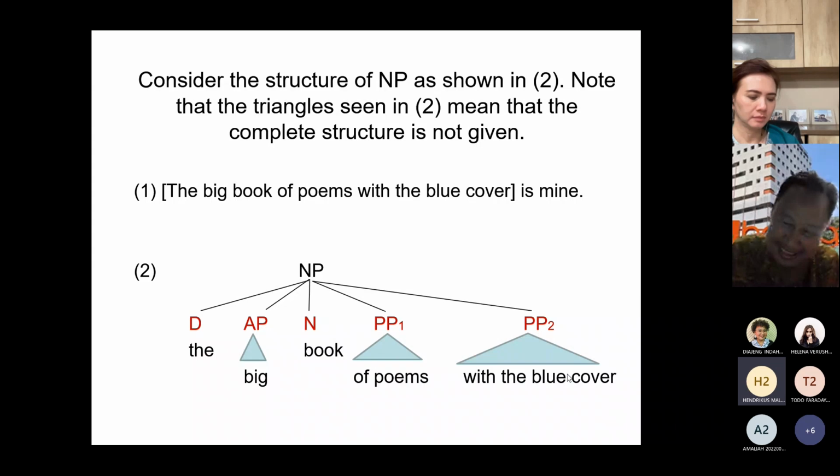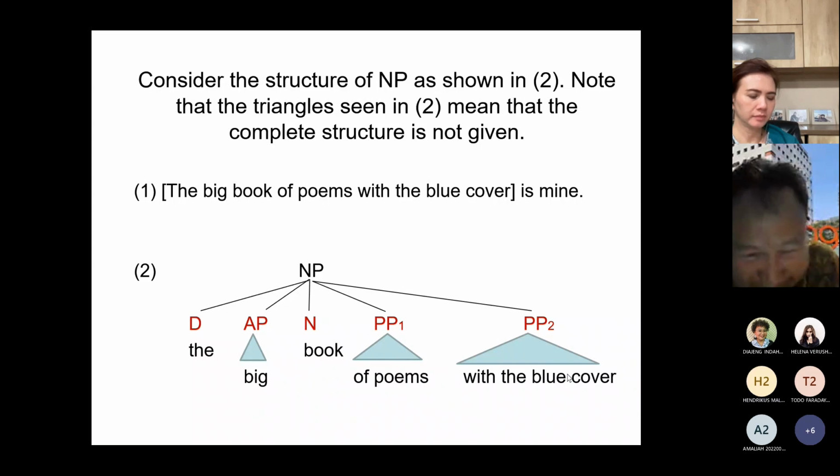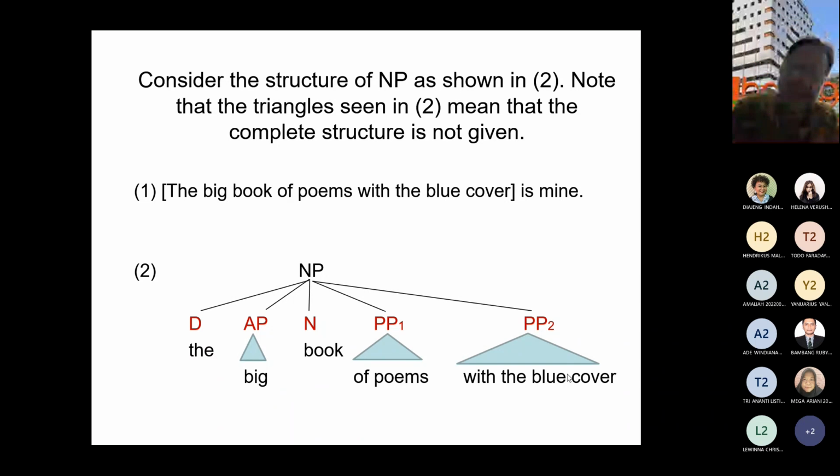So my question for you: if I draw the NP by using phrase structure rules, will it look like number 2? Everybody, what do you think?